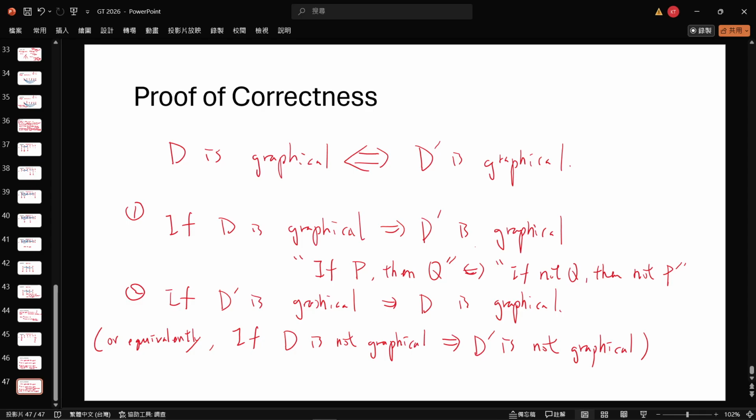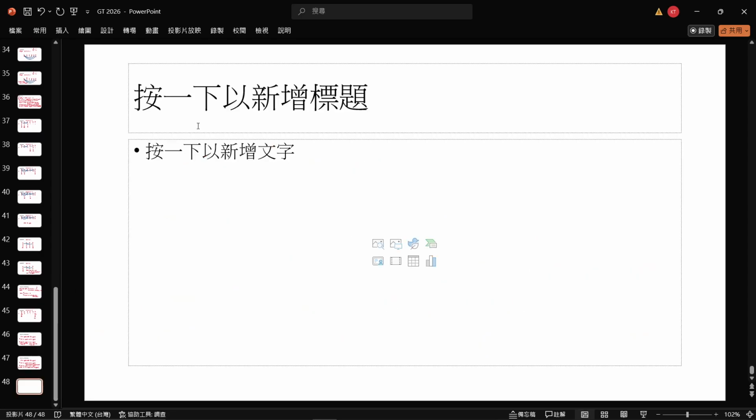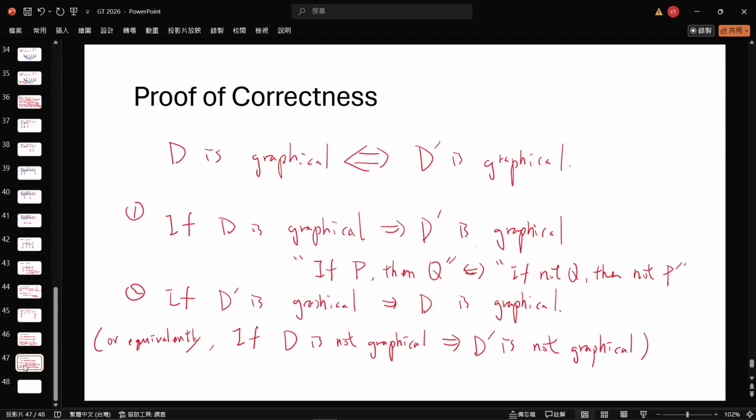And if the original answer is no, then the new modified or simplified degree sequence also has the same answer, no. Okay, so we're going to prove these two statements. As a warm-up, we will prove the second one first, because it turns out that this one is easier.